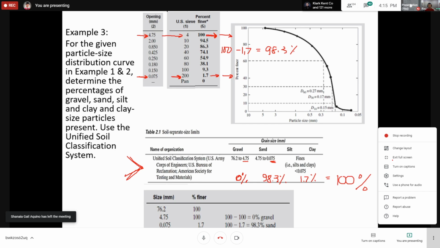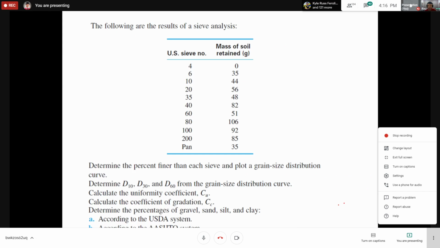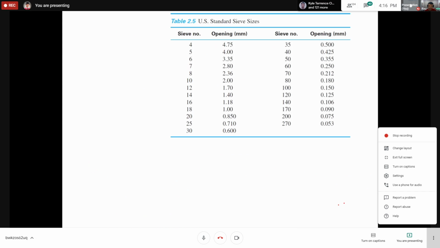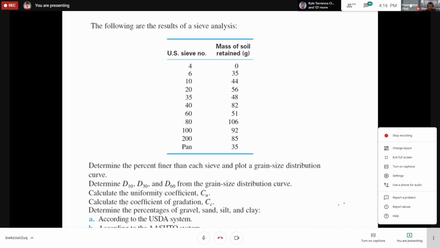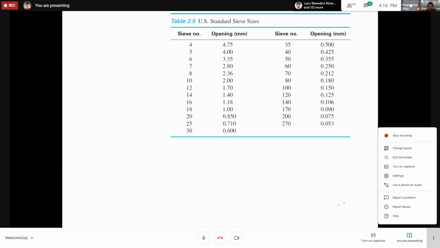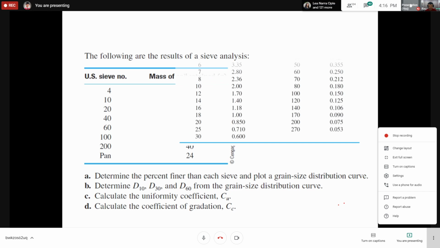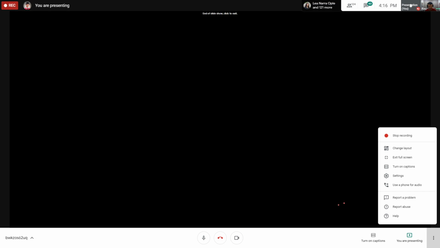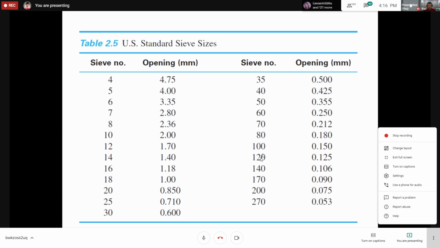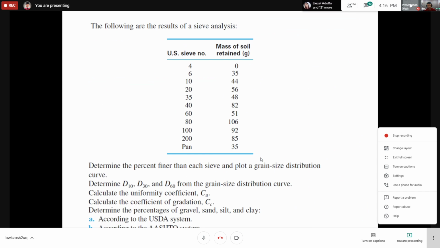Okay, percent finer. This was the assignment, but I will just transfer it to Canvas. So I will just transfer it to Canvas.